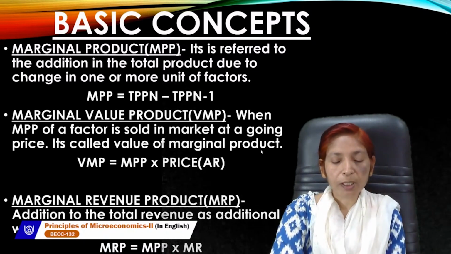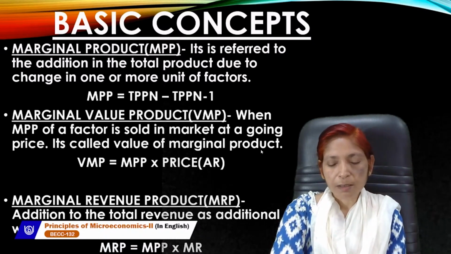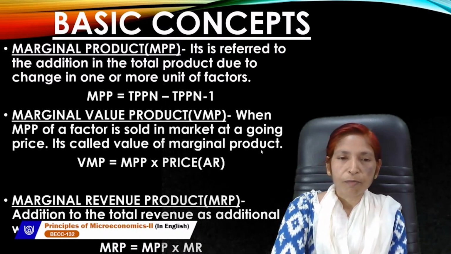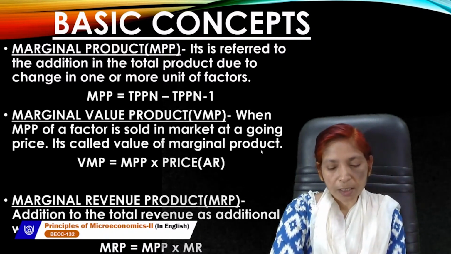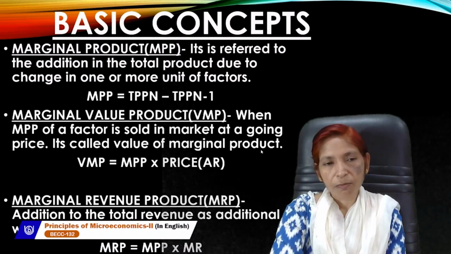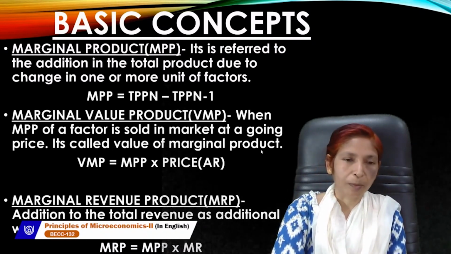That's why we need to study what is marginal product, what is value of marginal product, and what is marginal revenue product. Because according to J.B. Clark, factor price or factor cost can be determined with the help of marginal productivity theory.